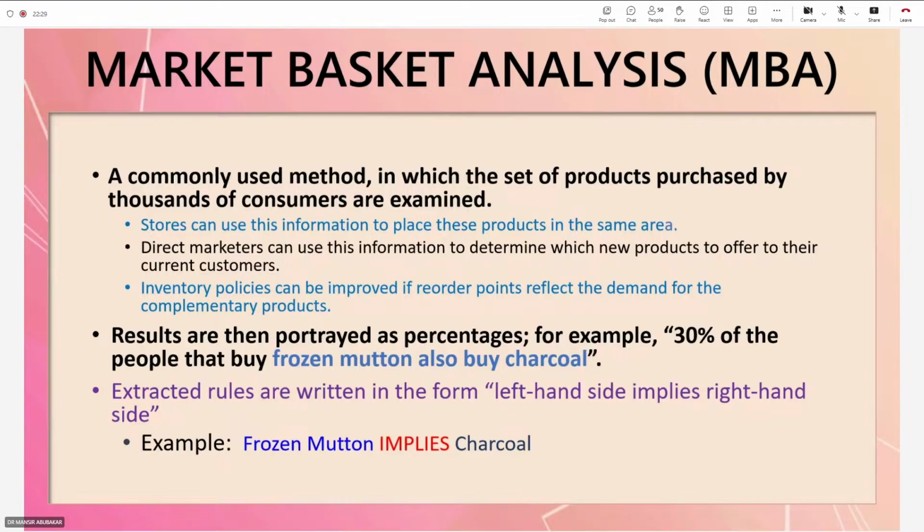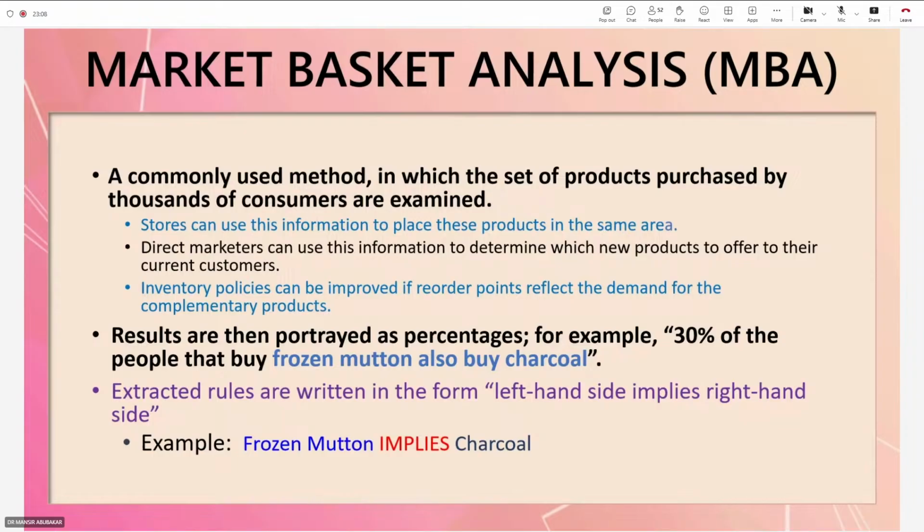And then we also use it for direct marketers. Direct marketers can use it as information to determine which new product to offer to their current customers. So based on the purchase history and purchase behavior of the customers, you can easily reach out to them if you have a new product similar to the product that they used to buy. Or looking at their budgets, you have a new product which is closer to the normal thing that they used to buy in that shop.